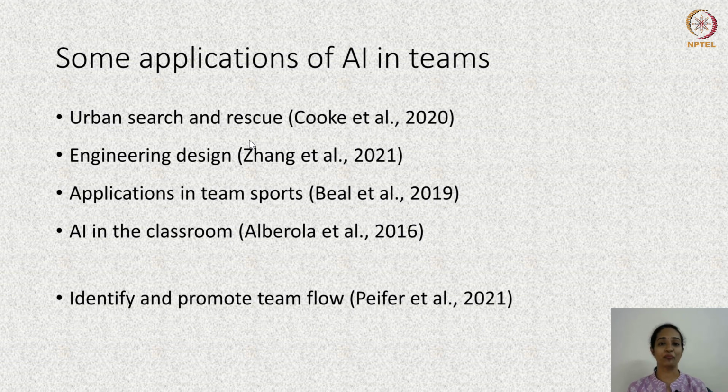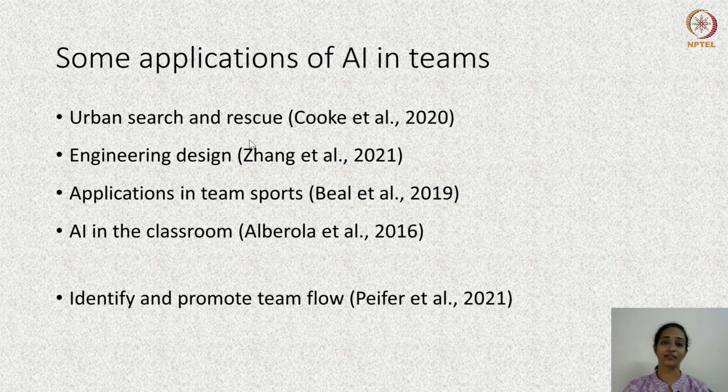AI also finds application in team sports in terms of analyzing extensive team data, and also in the classroom where it is used to increase the engagement of the students. AI is also being used to improve processes such as identifying and promoting team flow, identifying and preventing conflict within the teams. So these are some of the common applications of AI in teams.